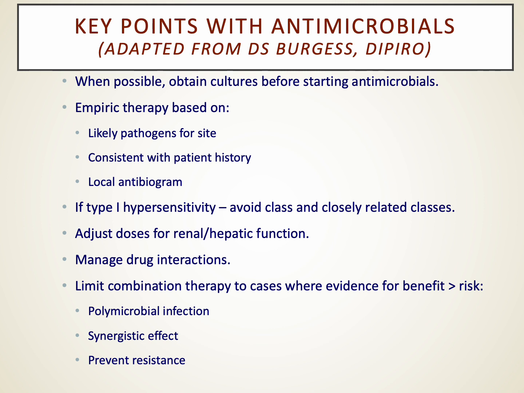If you have a patient with a type 1 hypersensitivity reaction with a class, you want to avoid that class or anything closely related to it. We need to adjust their dose for their usually kidney function, sometimes liver function. You want to manage their drug interactions, and you want to limit combination therapies unless there's evidence that the benefit outweighs the risk. Cases where combination therapy makes sense are polymicrobial infections, when there's a known synergistic effect, or when it's a clear goal in preventing resistance.